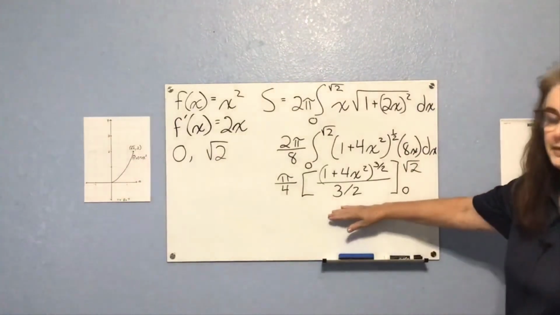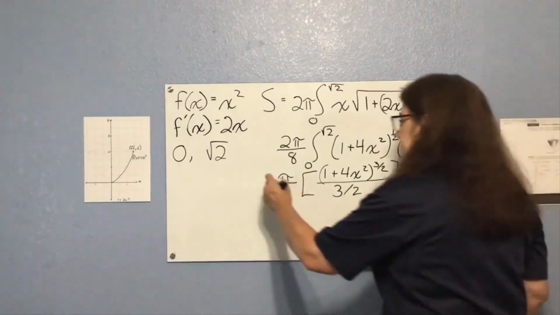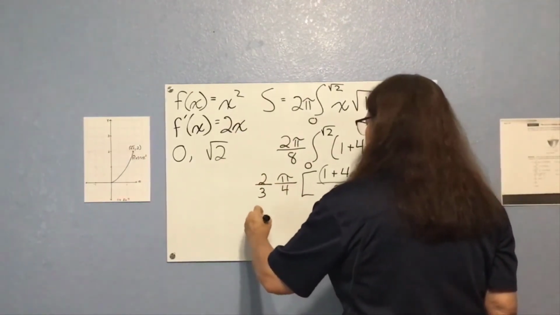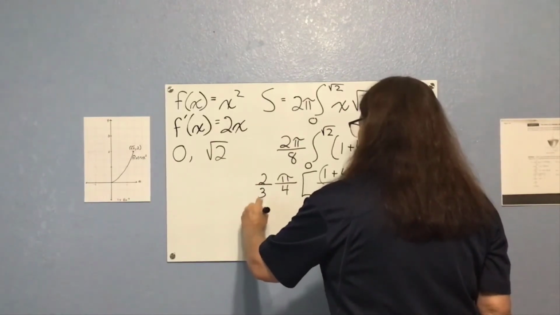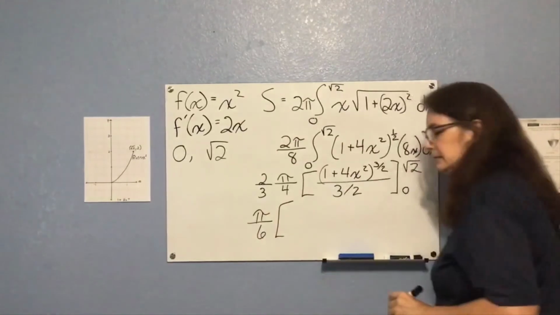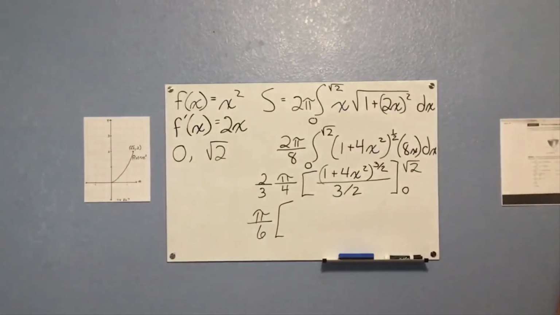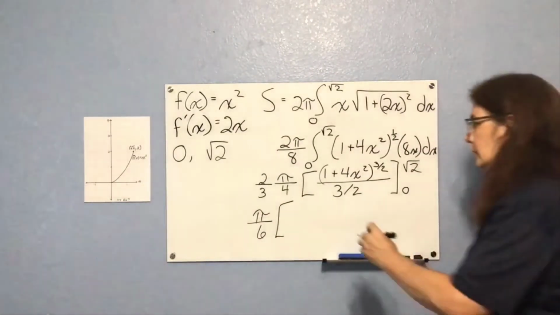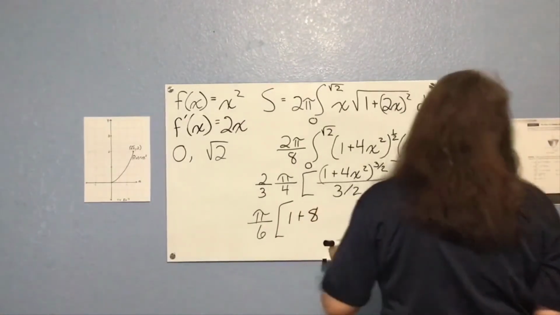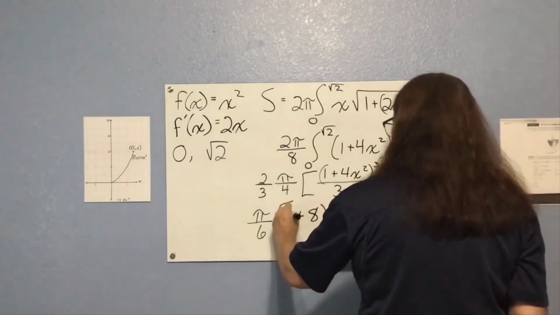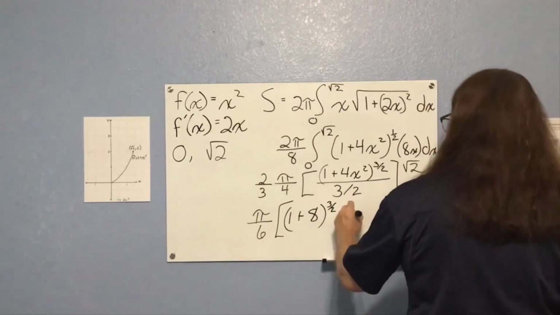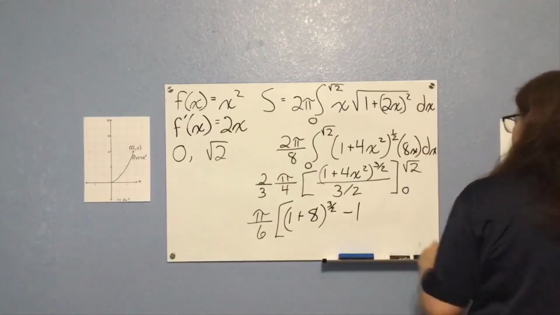I'm now going to take out this denominator, which becomes then 2/3. So I have now pi over 6 times 1 plus 8 to the 3/2 minus 1, which would be the value at 0.